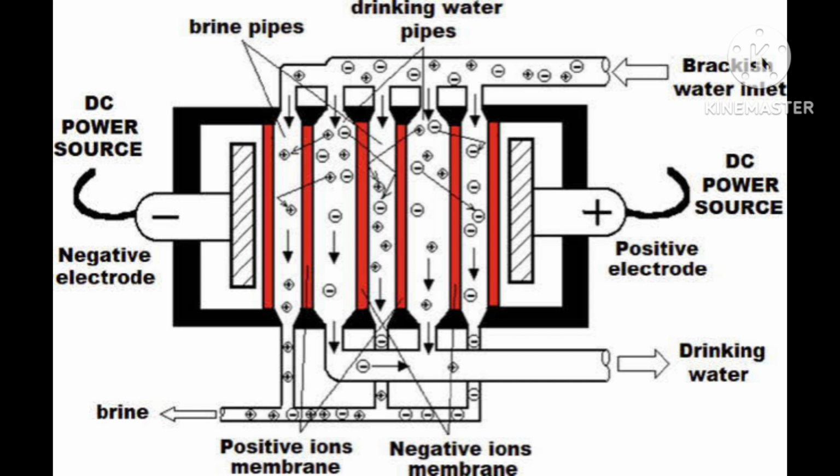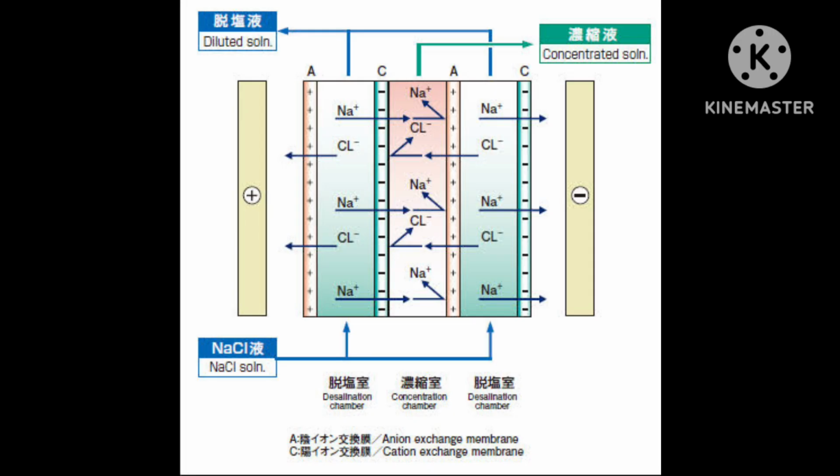Near the anode and near the cathode, one chamber each will be there. So in total three chambers: in the middle, the salty water, with one chamber on the anode side and one on the cathode side.